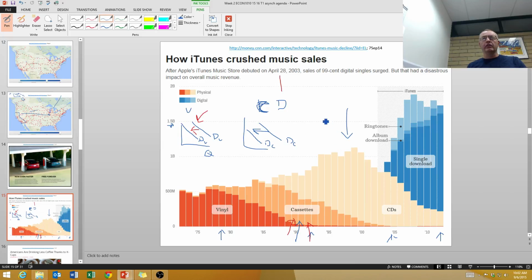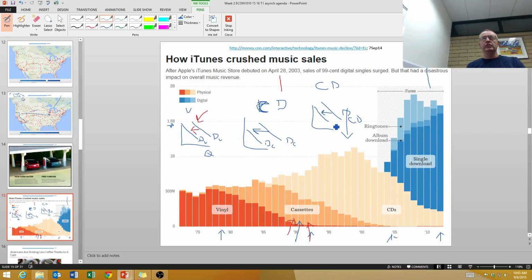And then of course the same thing happened again with CDs. Here's our original demand curve for CDs. And then as the technology changed for storage of music to allow downloads and music streaming and cloud storage, the demand for CDs also declined.